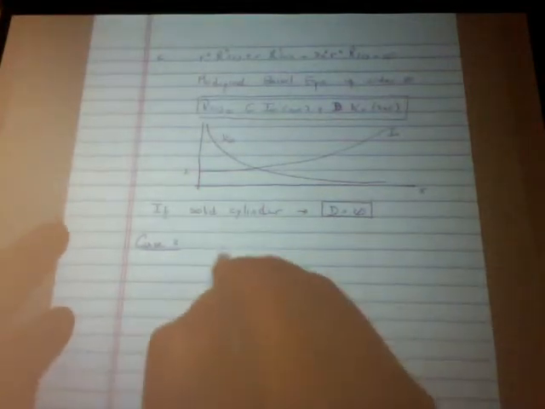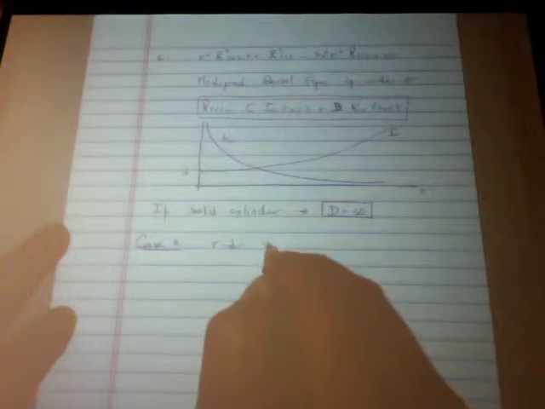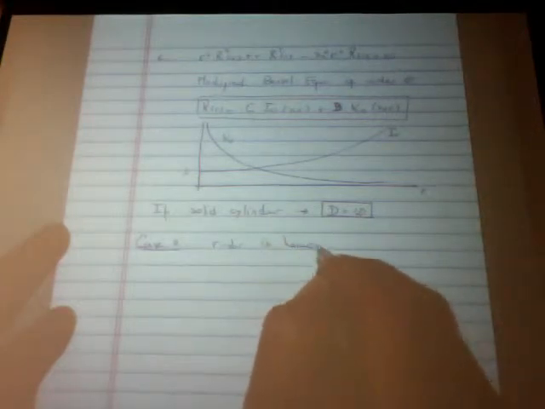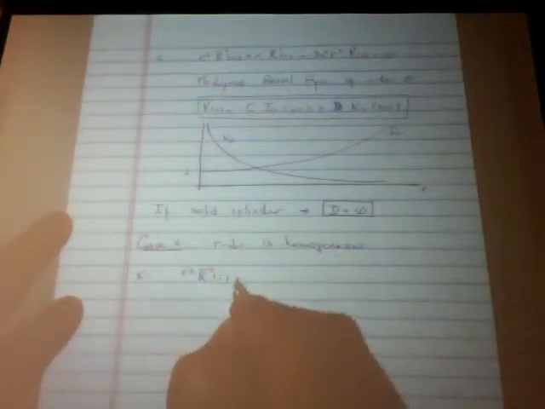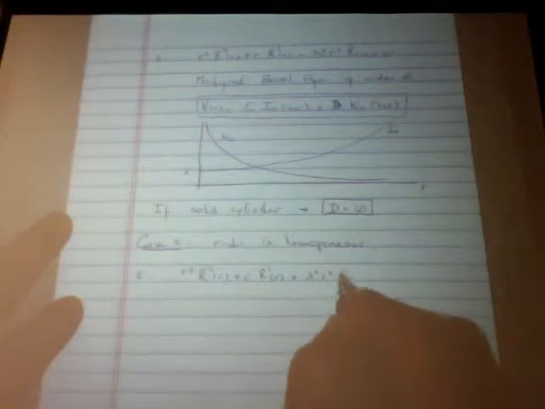Case 2, in the case where the R direction is homogeneous, the R equation will look like R squared R double prime of R plus R R prime of R plus lambda squared R squared R of R is equal to 0. And this is the Bessel equation.